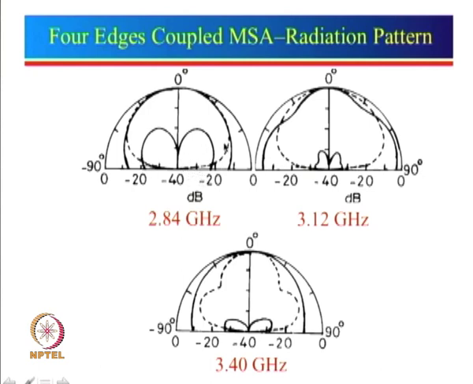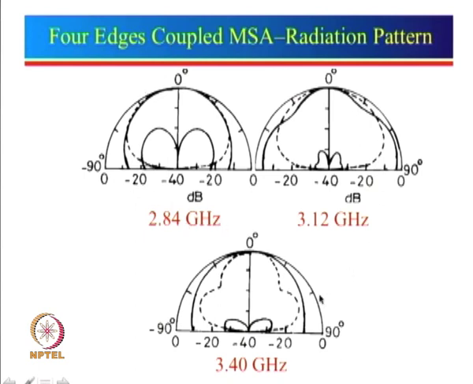So, it is this value here which is getting multiplied with the array of the elements, and that is what is bringing it back close to 0 here. Otherwise, it would also have followed the similar trend of going out, but since the pattern of the element itself is going towards 0, 0 getting multiplied with this array factor point here brings it to 0 here. So, the H plane pattern looks relatively better compared to the E plane pattern.